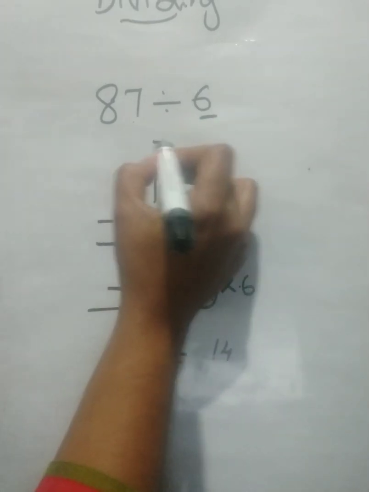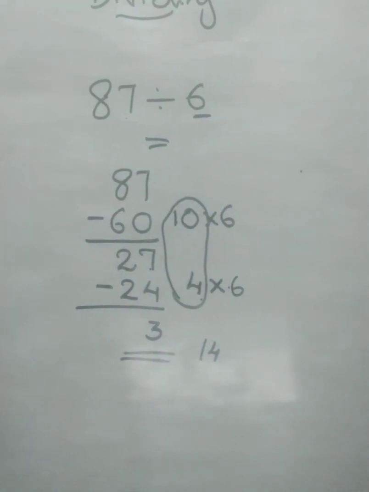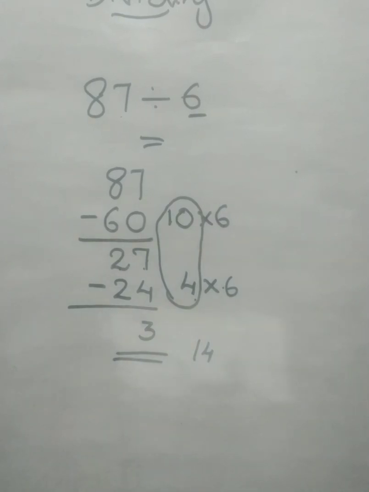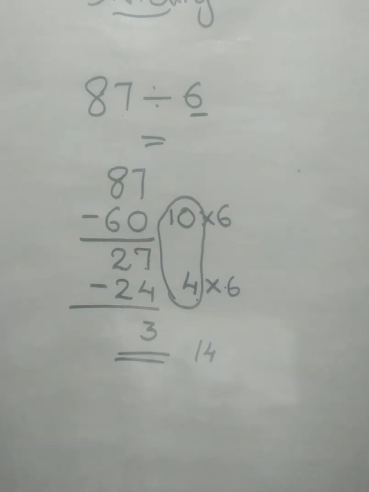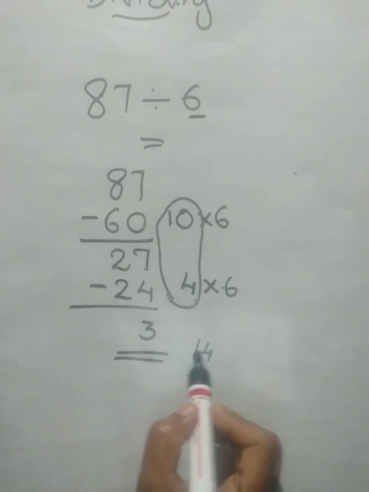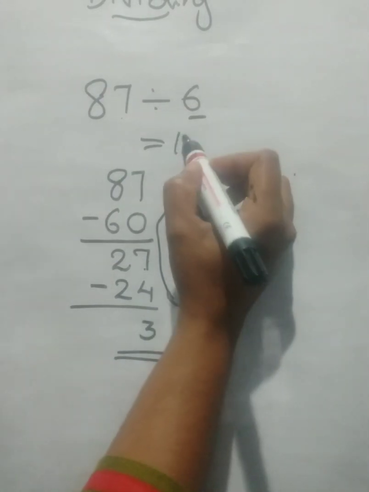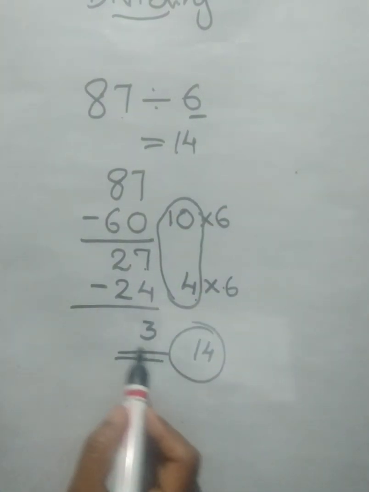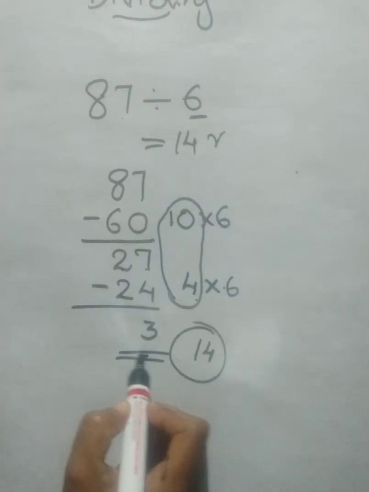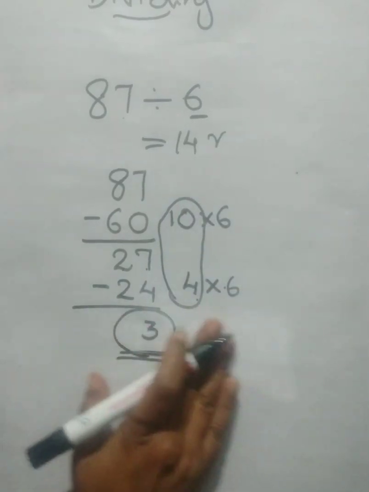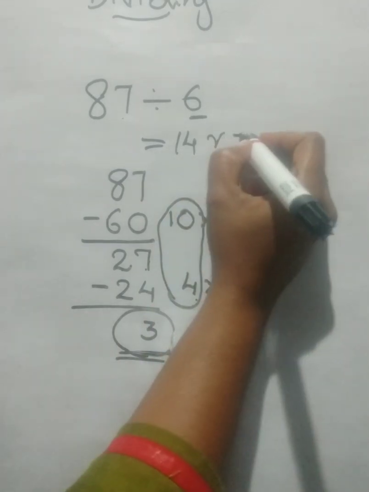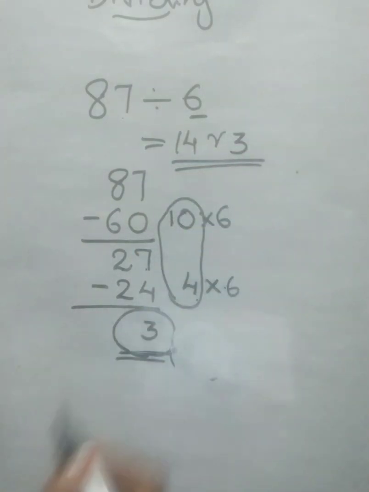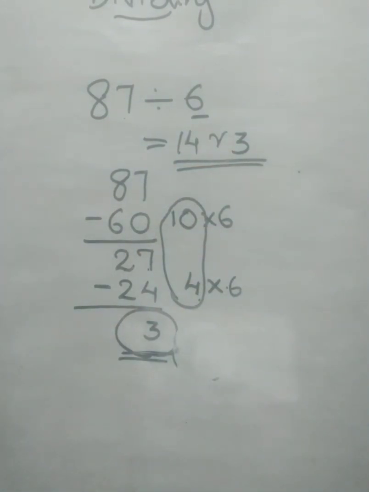So we can write 87 divided by 6. 14 sixes are there in 87 and this 3 is the remainder. 14 remainder 3.